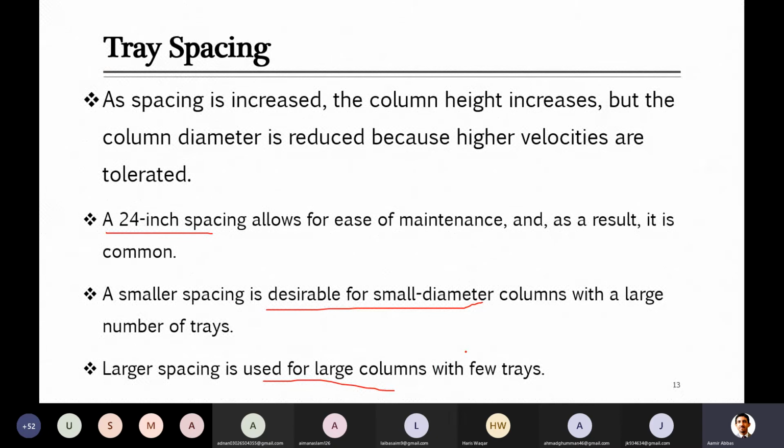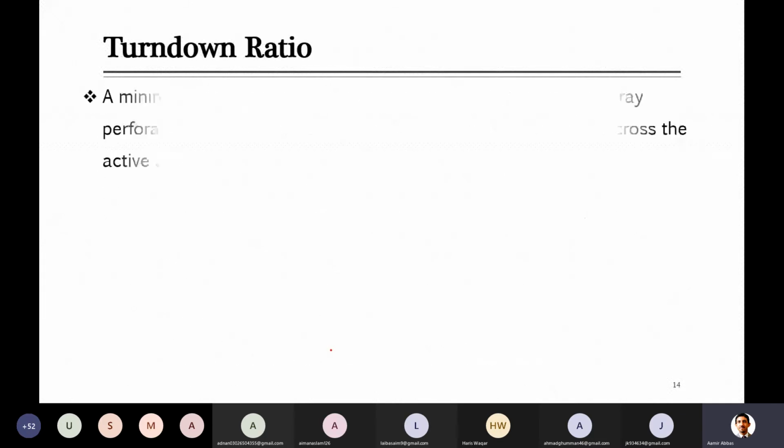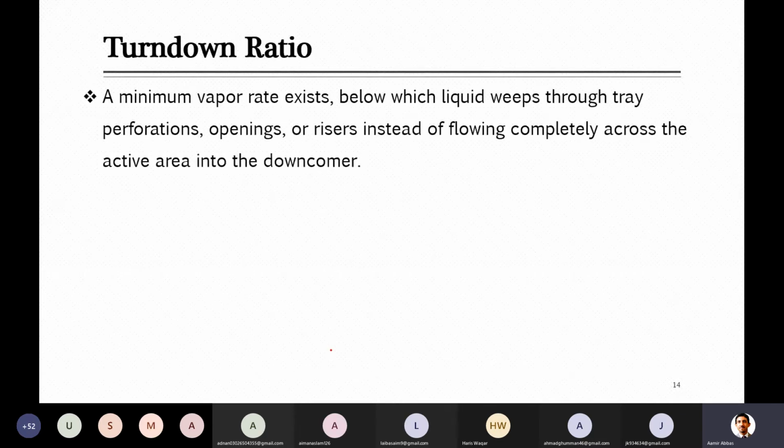If there are just a few trays and you want to reach the main separation, then you can just use large spacing to adjust the tray. This is somehow linked with a parameter which we call the turn down ratio. When you operate any column, there are two limitations.